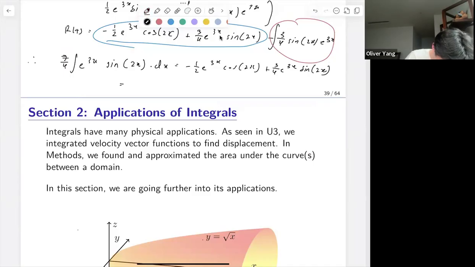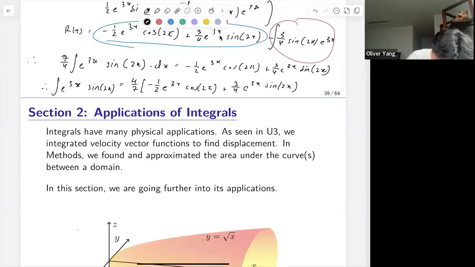So our answer becomes negative a half e to the 3x. I'm just going to put the 4 on 7 at the front here because I cannot be bothered to expand. Okay, and then plus c.